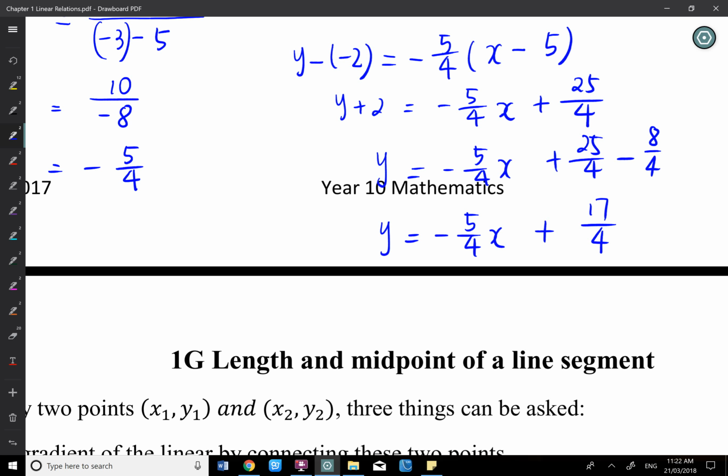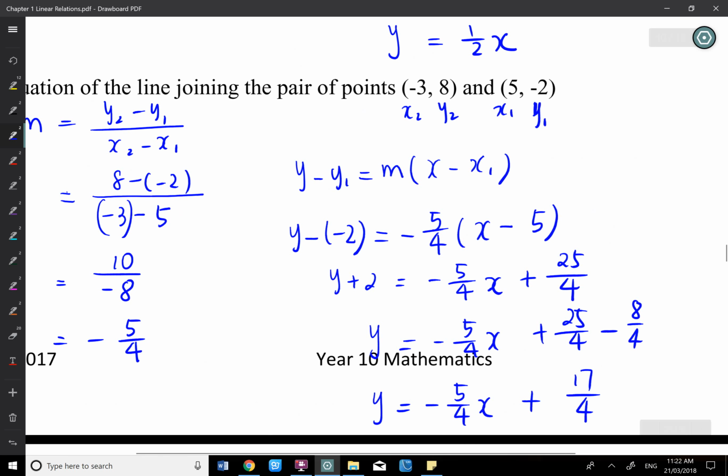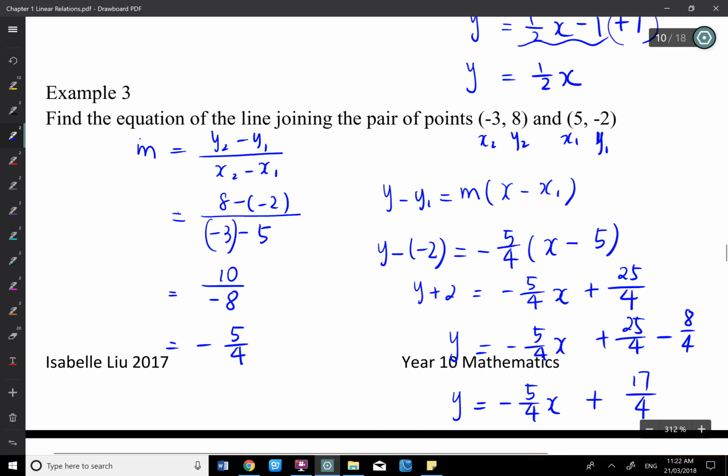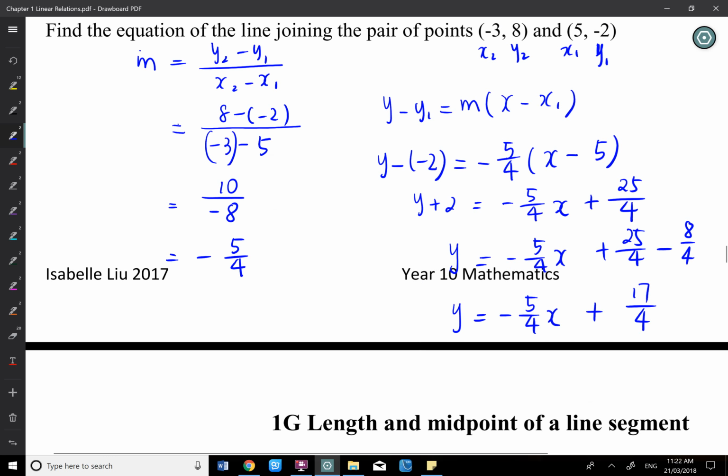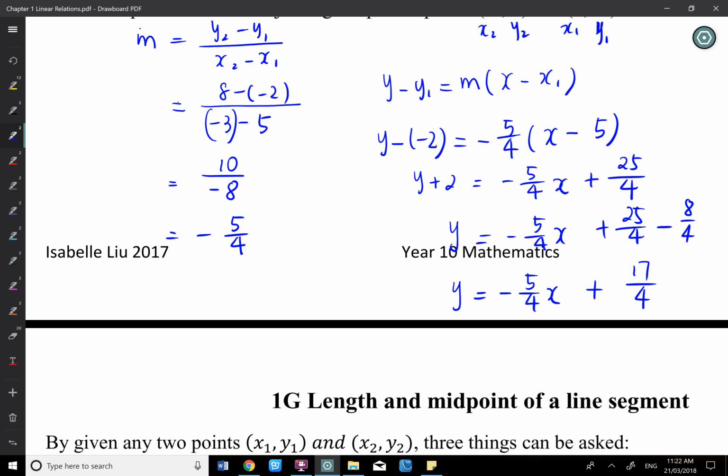Yes? Yep. That's right. Is that different from what you solved by substitution? There's no y-intercept given, so it's the c value. What I found out is that the c value is 17 over 4 in the end, but it's not given originally in the question.